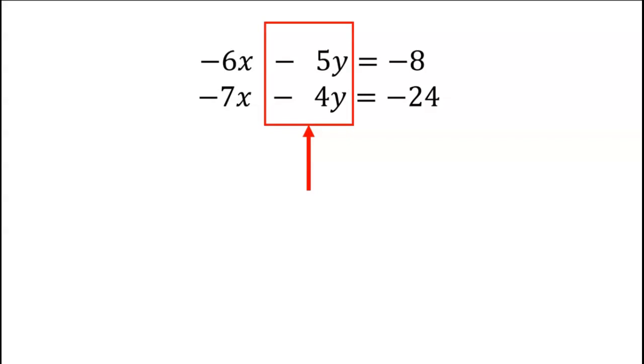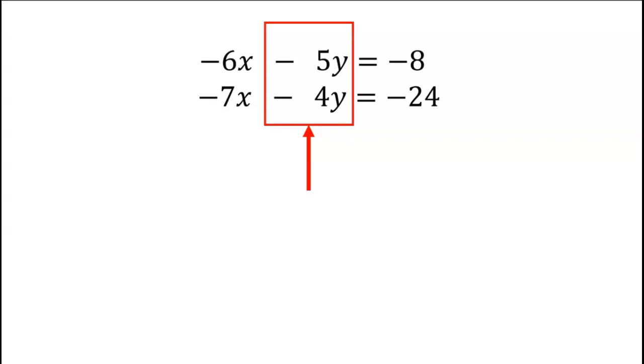So what I'm going to do is take that first equation and multiply it by whatever the coefficient in front of the y is. So I'm going to take that whole first equation and multiply it by 4. Similarly, the second equation, I'm going to multiply by the coefficient of the y in the first equation. So I'm going to multiply the entire second equation by 5.